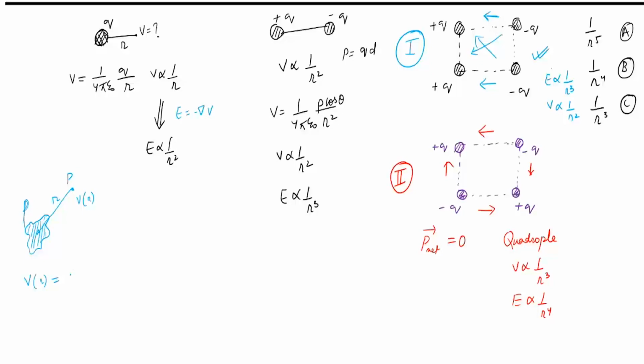if you try to calculate the formula, then it will come like this: 1 by R integration rho d tau plus 1 by R square integration rho cos theta d tau plus 1 by R cube integration.